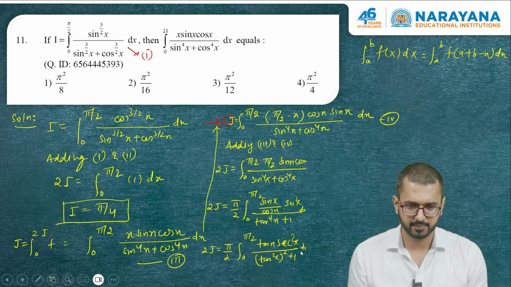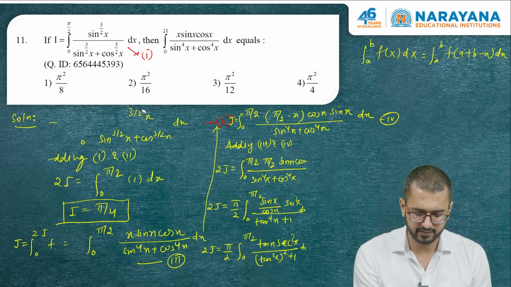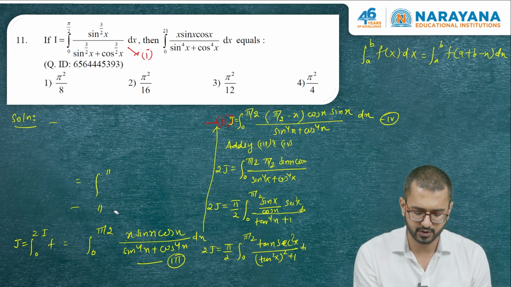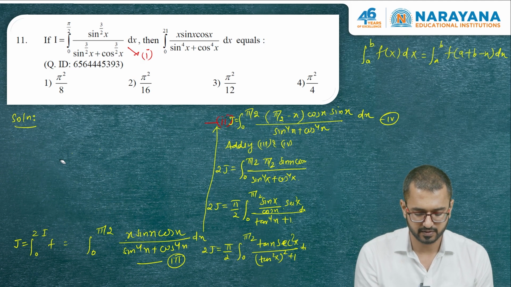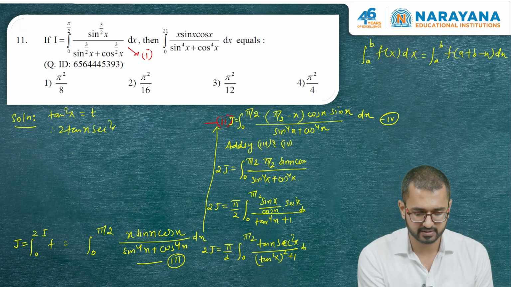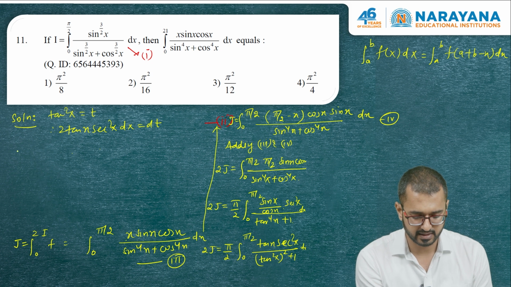Now I can choose, I can now think of taking tan square x as t, because its derivative is present in the numerator. So if I start this way, then I'll be getting tan square x is equal to t. So for this we have 2 tan x into sec square x dx is equal to dt. So yes, I have now my 2J is equal to, let's not write 2J now, enough of 2J.